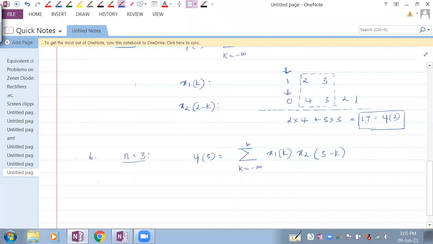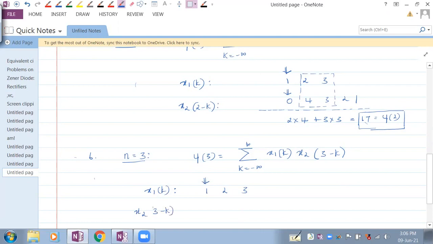Now again write x1 of k: it's 1, 2, 3, this being the 0th sample. Now x2 of 3 minus k.